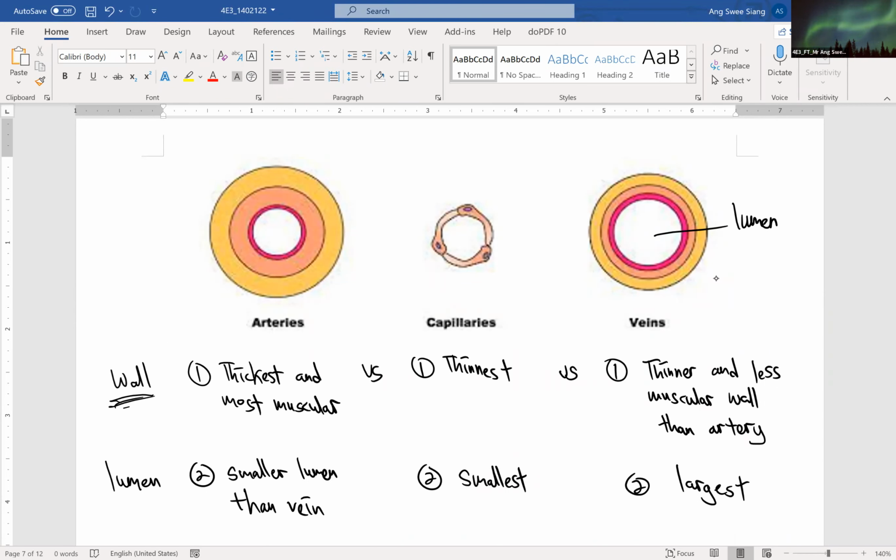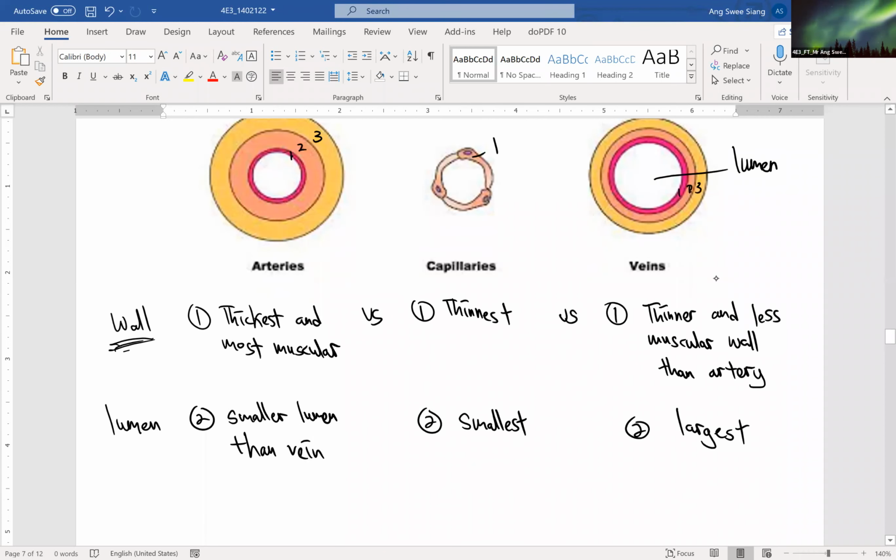So you see here I have 3 layers: 1, 2, 3. This one only has 1 layer. So the wall of the capillary is only a single layer of cells.